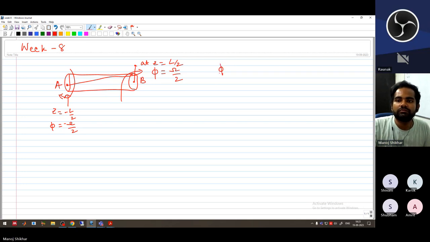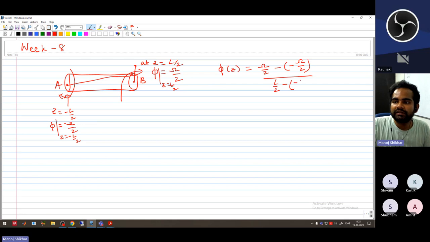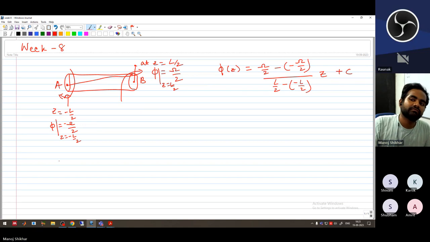So what will be phi at any z? It will be omega by 2 minus omega by 2 divided by, here z is L by 2 minus L by 2, into z plus some constant.